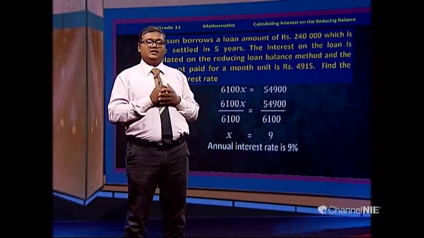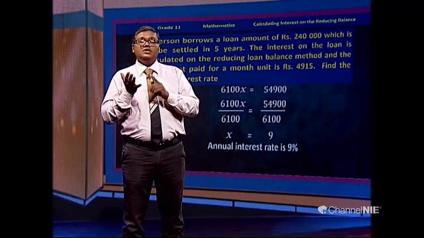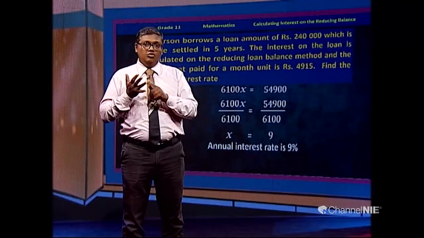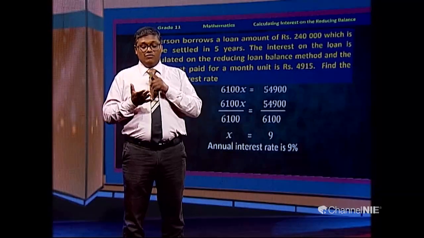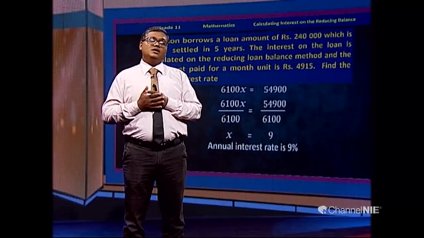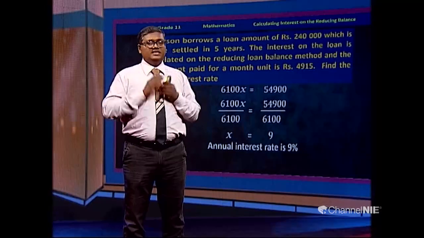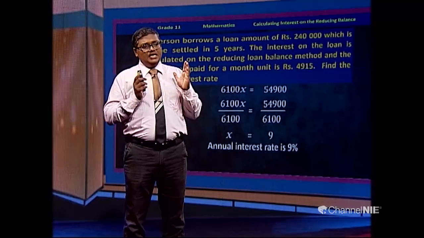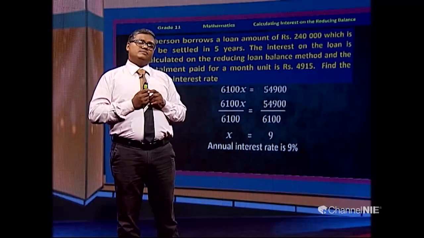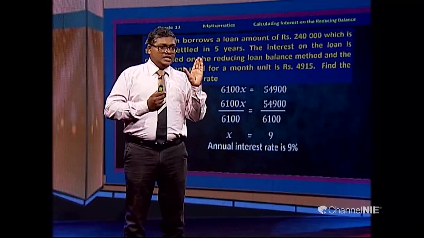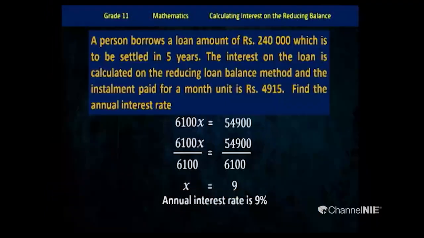That was our first part. Second part, when they give loan amount, down payment if there is one, then the time period, value of a monthly installment, how to find the annual interest rate. But here we can work out this sum even without getting the x letter, by using another method.